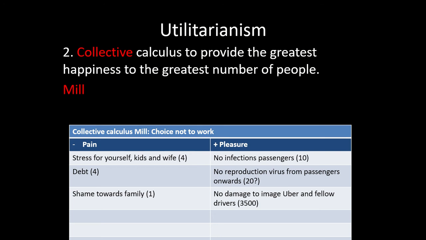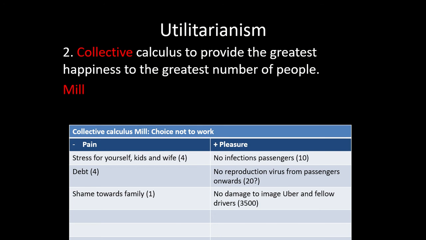It's not really in the text itself always, but you can think of long-term consequences for a bigger number of people. In this case, just to conclude, the rider, the gig economy worker, would not go to work, would consider not good to go to work, because lots of people are more well off, having more pleasure if the guy stays at home, in contrast than if he would go to work.